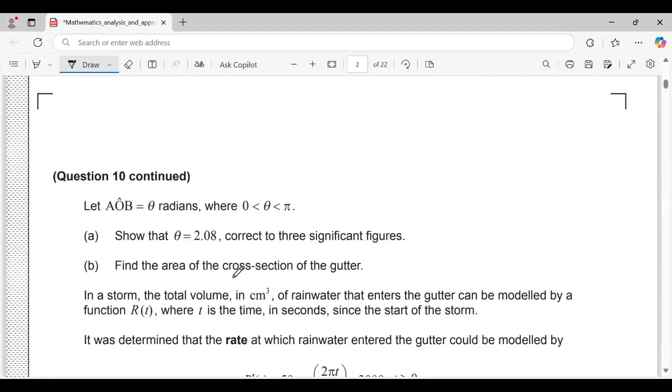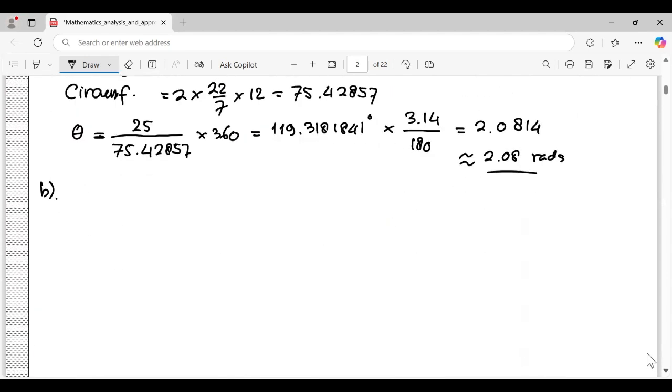Find the area of the cross-section of the gutter. To find the area, we need to find first the width, or W. W squared, according to the cosine rule, equals AO squared plus BO squared minus 2 times AO times BO cosine theta.